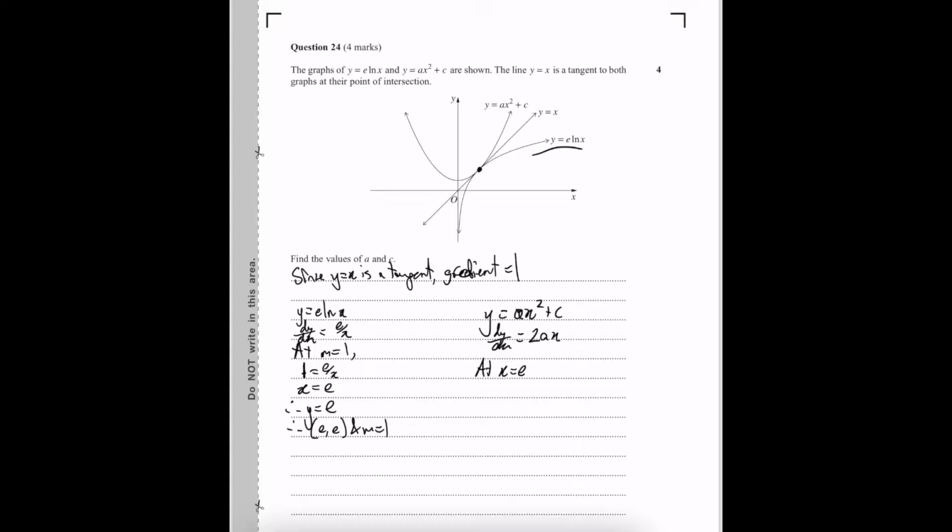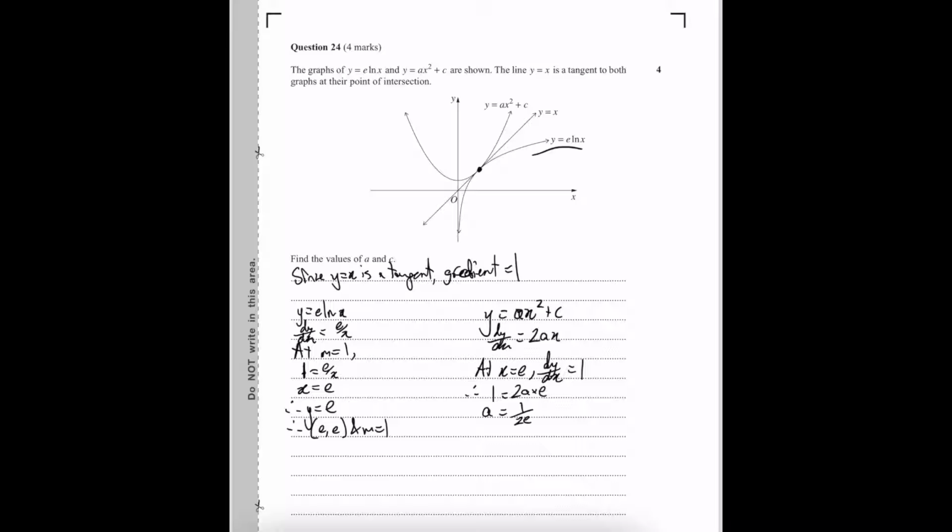At x equals e, dy/dx is equal to 1, because yet again it's the equation of the tangent, so we know that it follows the same gradient. Therefore 1 is equal to 2a times e, and we can get that a is equal to 1 on 2e.